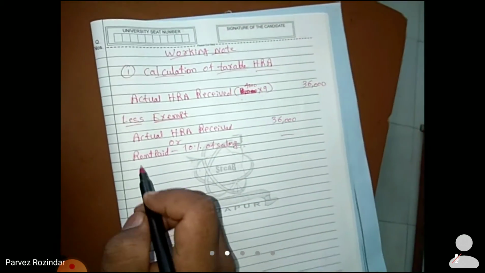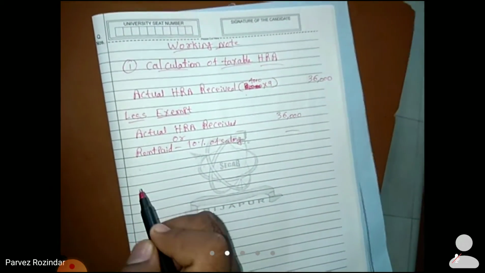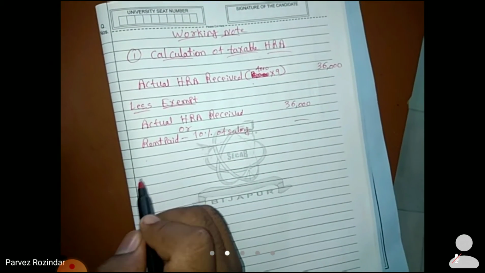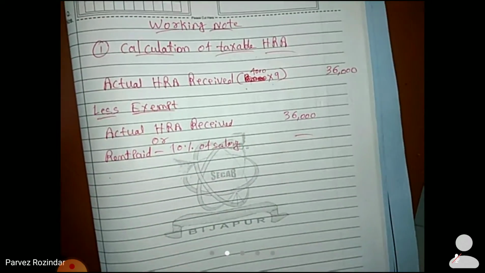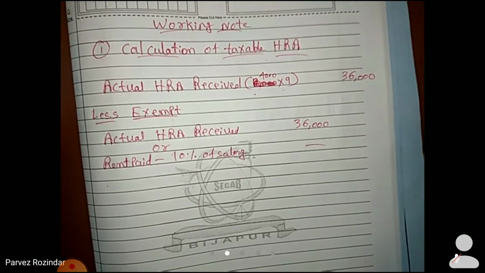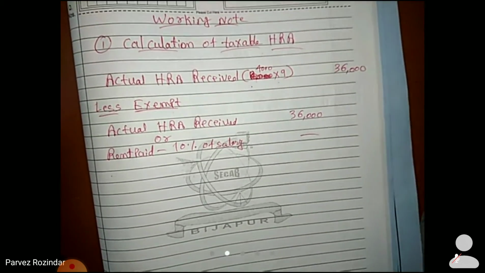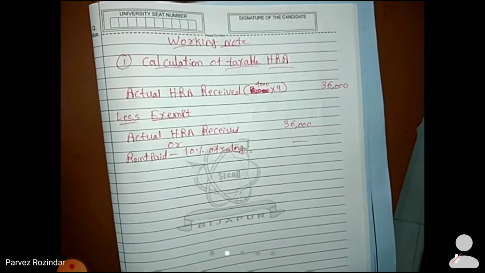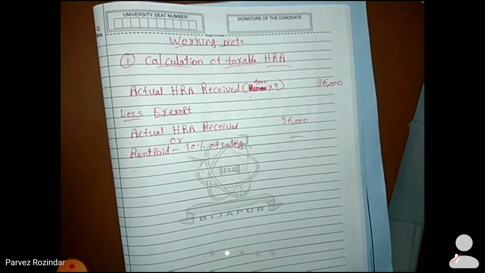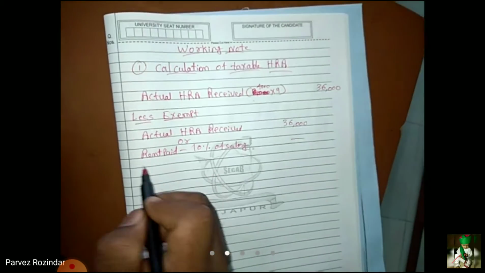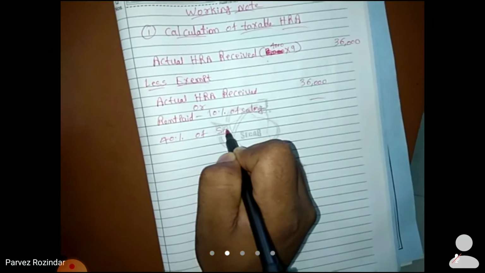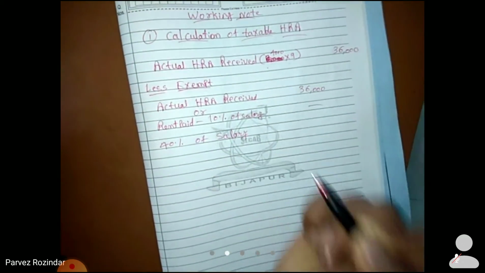Then finally 40% of the salary for small cities, 50% of the salary for big city. Which city has he given in the problem? He has not given the name of any city, so you have to take 40% of the salary.